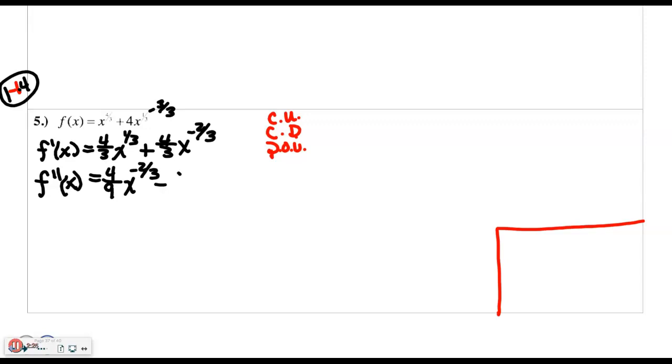We'll bring the power out front, and we'll knock it down 1, disguised as 3/3. Which would give me 8/9 x to the negative 5/3.